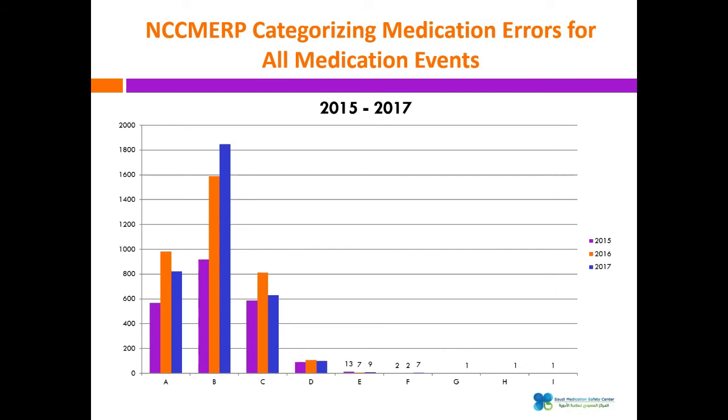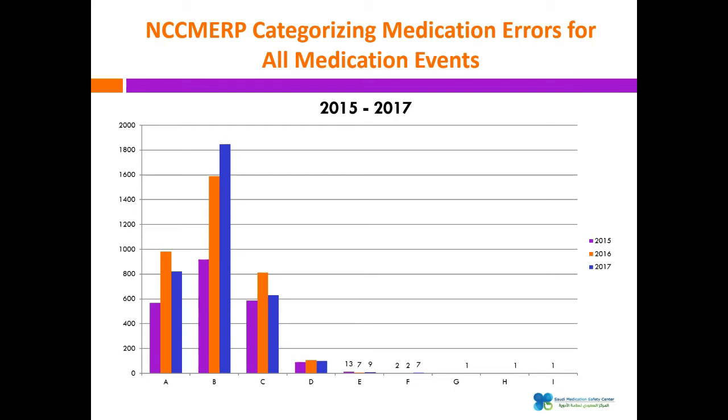So if we look at the types of errors that occurred, the vast majority do not cause any harm. The vast majority are from A to D, and these are not associated with harm to the patient. There are very, very few that cause harm.